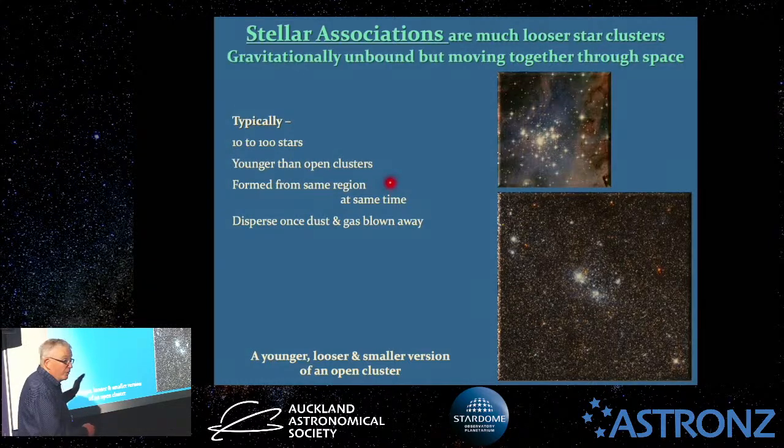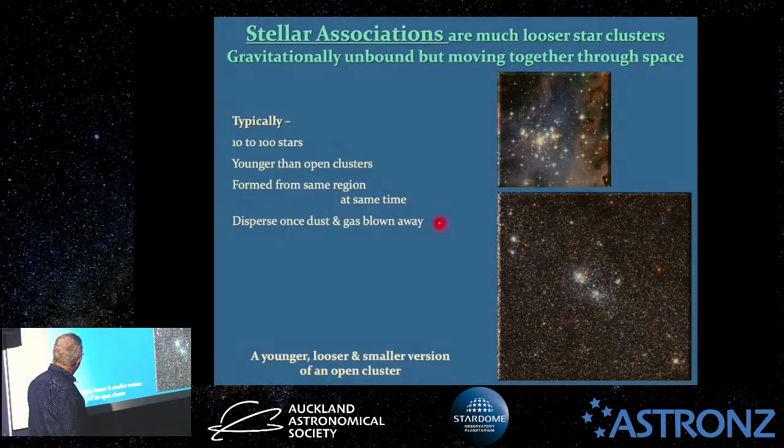They did form in the same region at the same time, so they're still siblings, but they're not really gravitationally bound. They're just very, very loosely together. They just happen to be traveling through space sort of as a group, but there's not much gravity to speak of that's really holding them together, and they disperse very, very quickly.